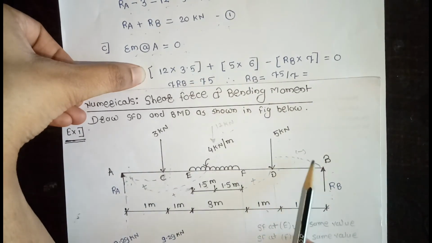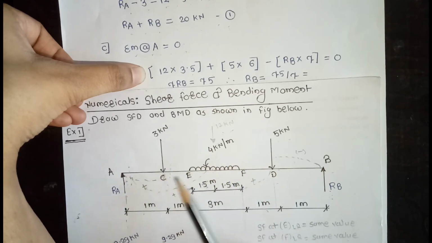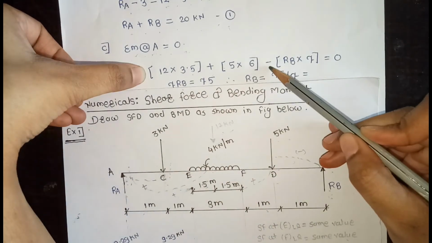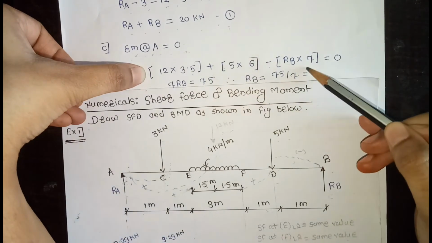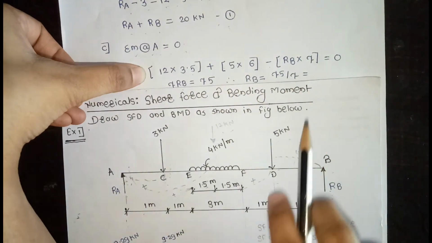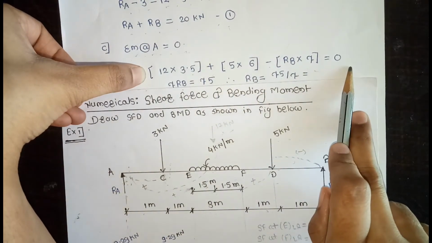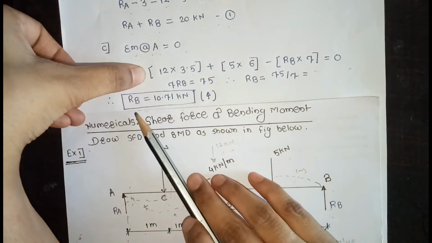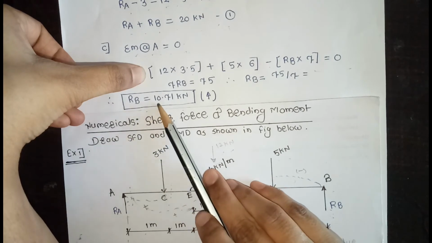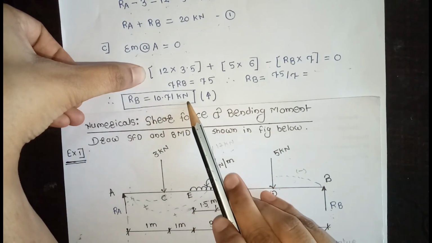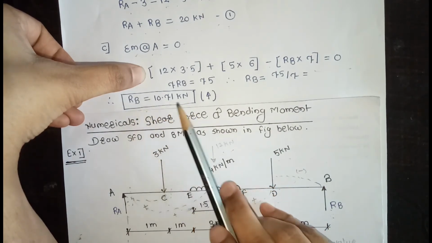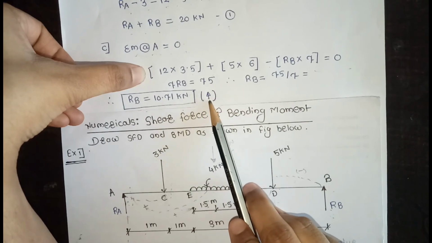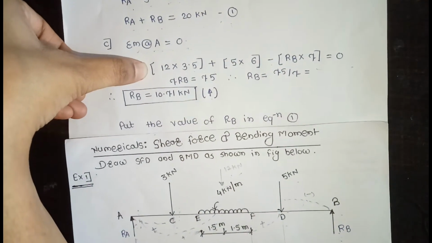Then the last force is RB, which rotates anti-clockwise, meaning minus RB into the total span of 7 meters, is equal to 0. Then calculate the value of RB. We get RB is equal to 10.71 kN. This is a positive force, so the sign convention is positive direction.